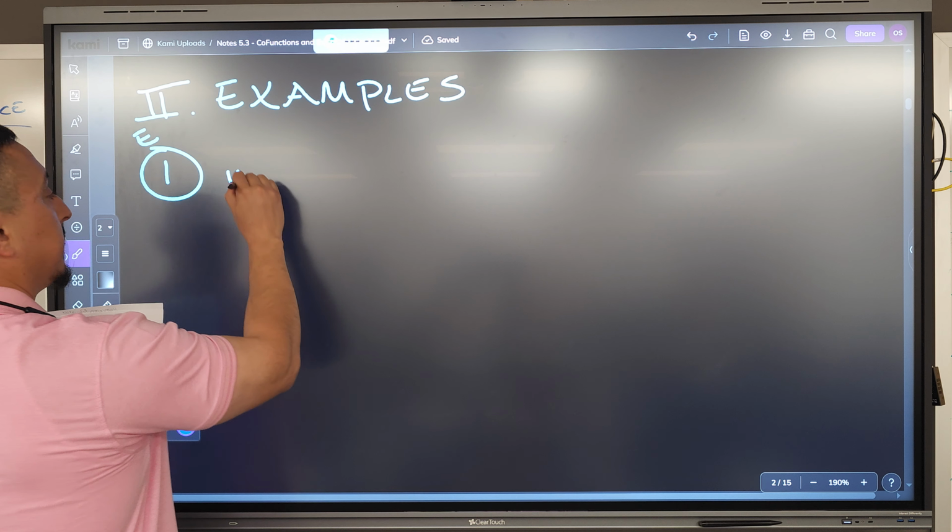Okay, so let's look. What identity has this, guys? What number? 17, yeah. So number 17 says cosecant of pi over 2 minus theta is the same as secant theta, right?